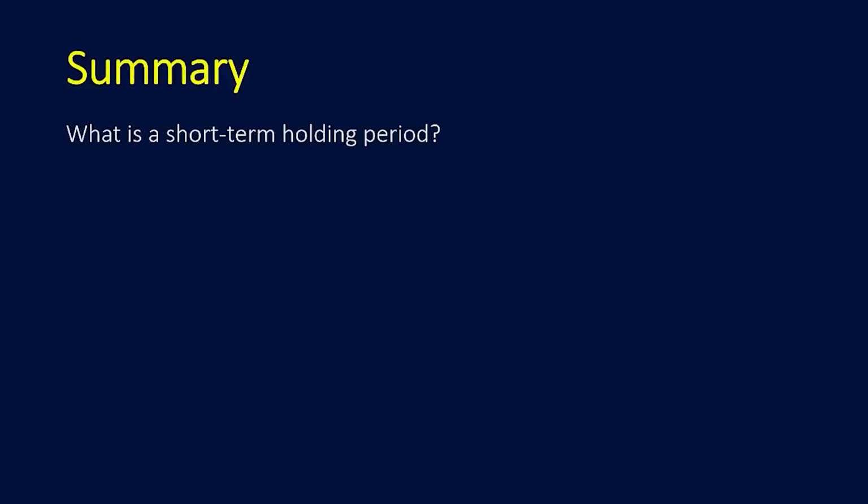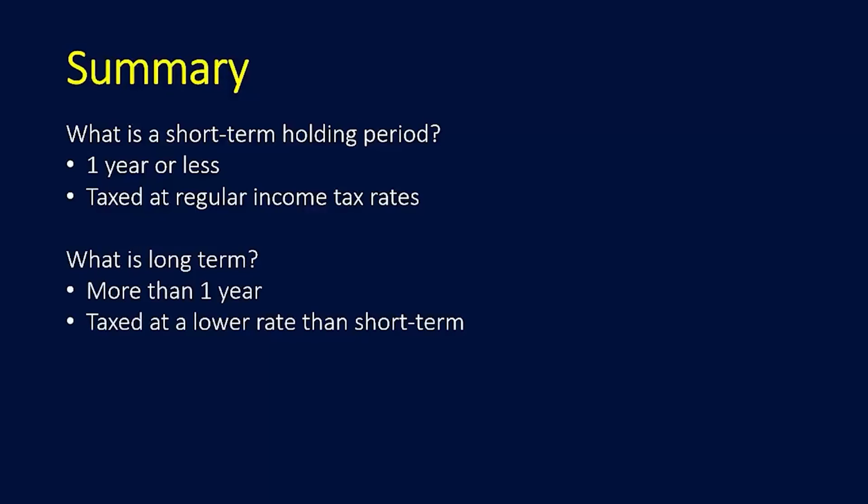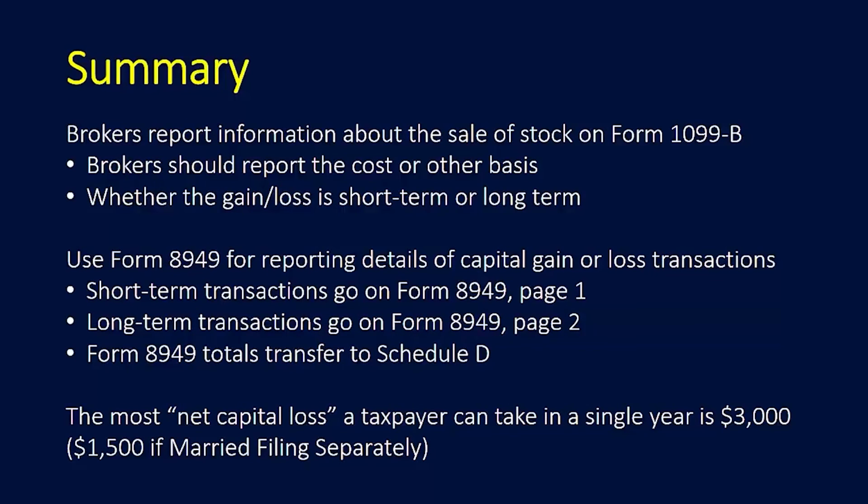So in summary, what is a short-term holding period? 1 year or less gets taxed at regular income tax rates. What's long-term? More than 1 year gets taxed at a lower rate than short-term. Brokers report information about the sale of stock on a Form 1099-B.